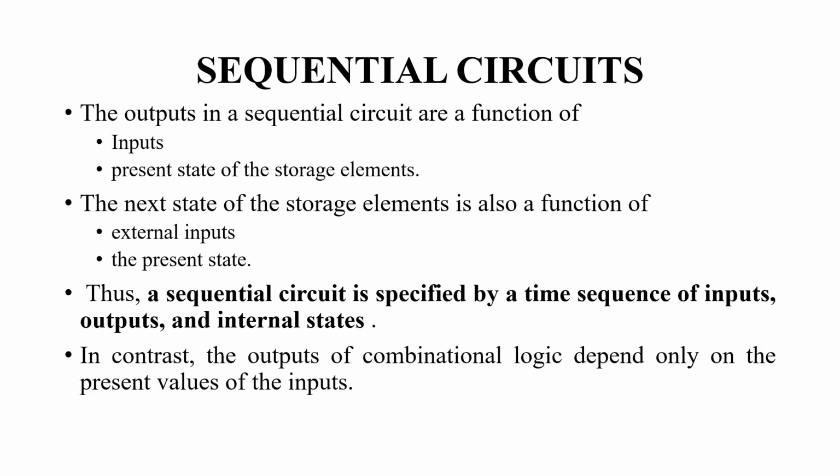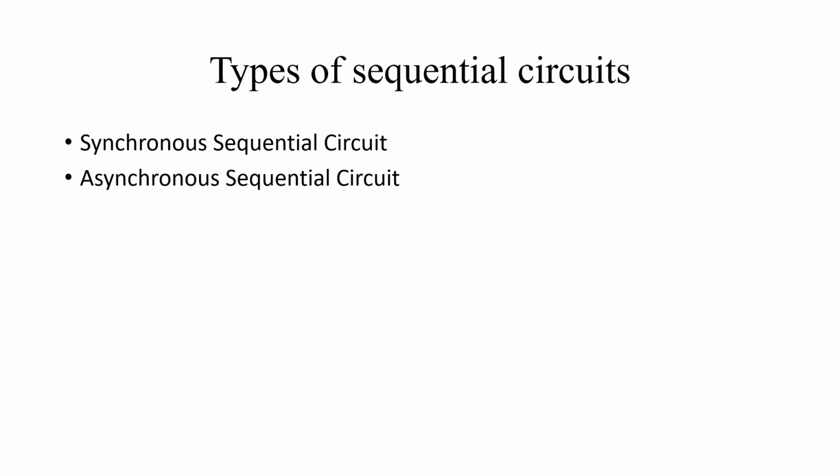The output of the sequential circuit is a function of the input and the present state of the storage elements. The next state of the storage element depends on the external inputs and the present state. The output of the combinational logic depends only on the present value of the inputs.